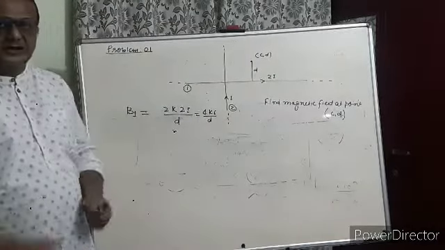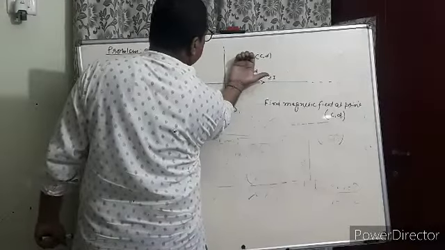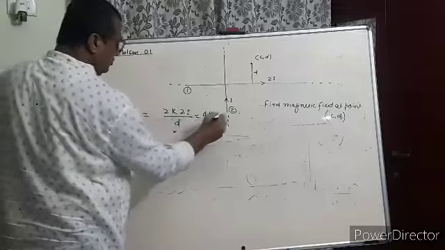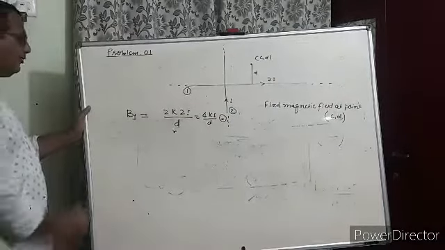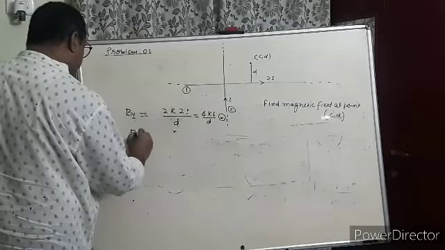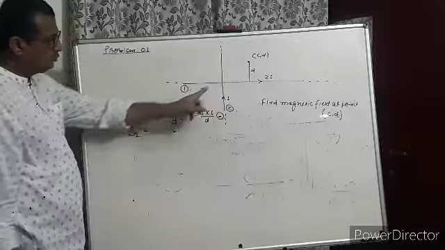Now find out the direction. This is the straight wire, so this will be the direction. So this is outward. So here we write outward. Now for the second wire, magnetic field due to the second wire.